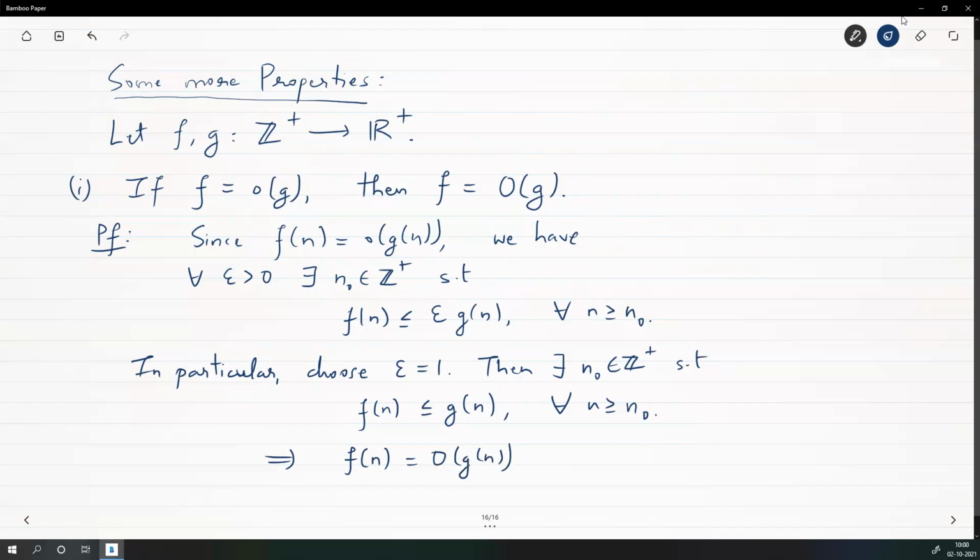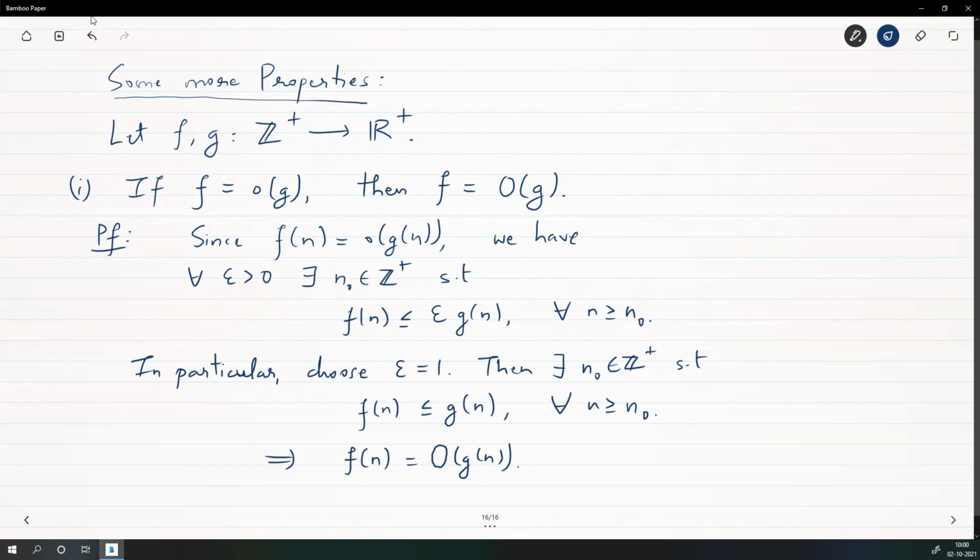Be a little careful when you want to distinguish between little o and big O. Write big O really big, and little o really small, so that there is no confusion. So f of n is little o of g of n implies f of n is big O of g of n. In other words, little o is stronger. If you know it is little o, then it is big O. Big O is weaker.